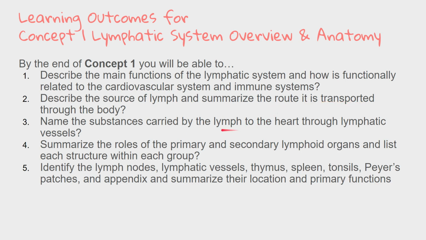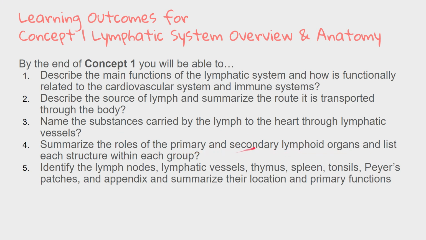We're going to be able to name what kind of stuff is inside of lymph and where it goes. So how does it get carried to the heart? And what are all of these lymphatic vessels all about? How are they different from blood vessels? We're going to also be able to talk about some of the organs that make up this system.